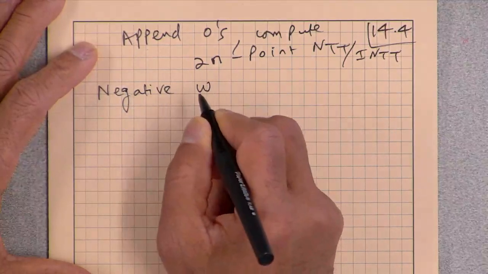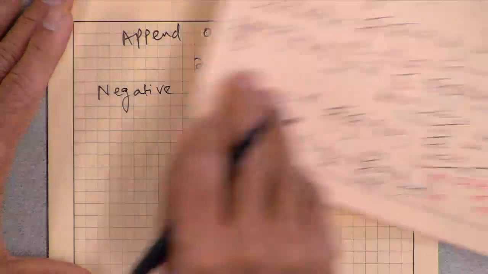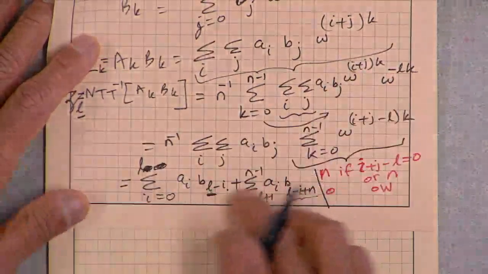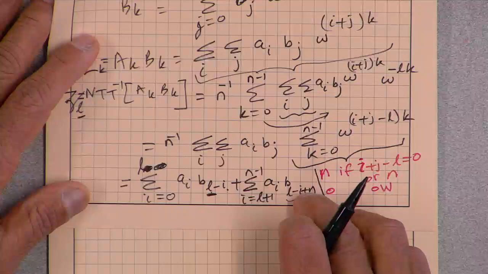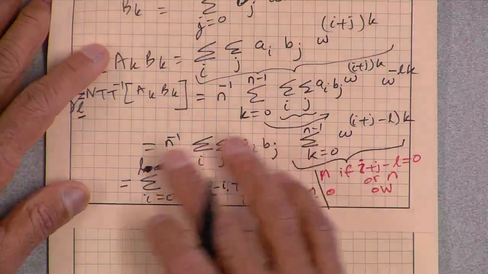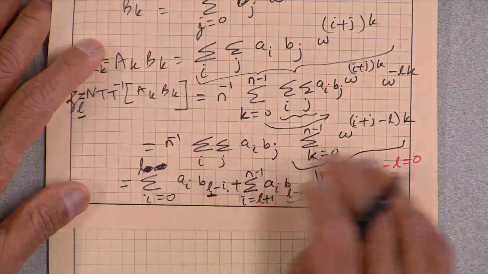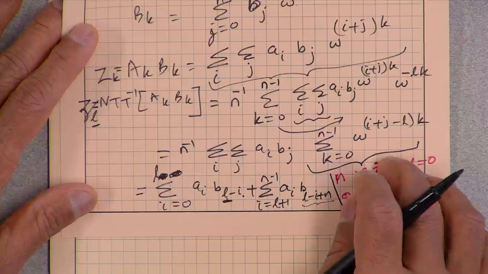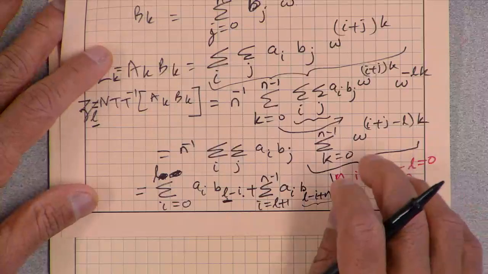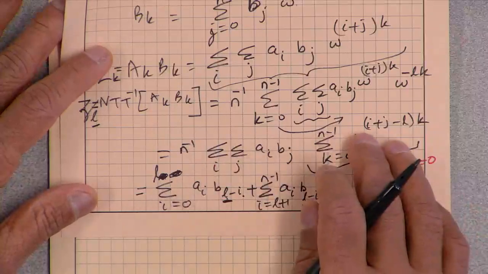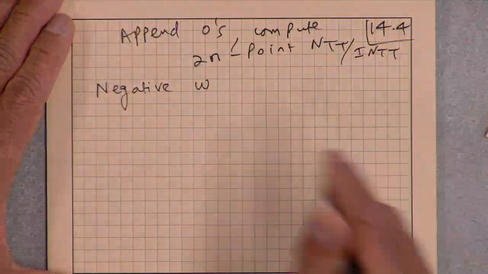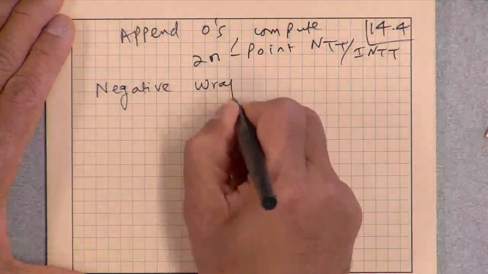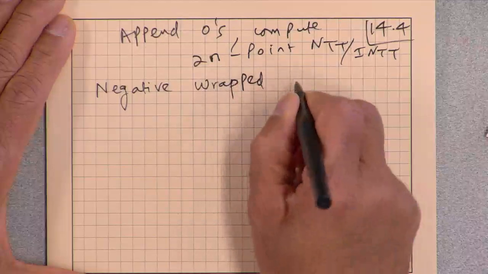If you think about this method of computing the earliest sum, it is something called a positive wrapped convolution. What we have computed here is called a positive wrapped convolution, which is what we don't want. To negate the effect of this wrapping, we can use a negative wrapped convolution.